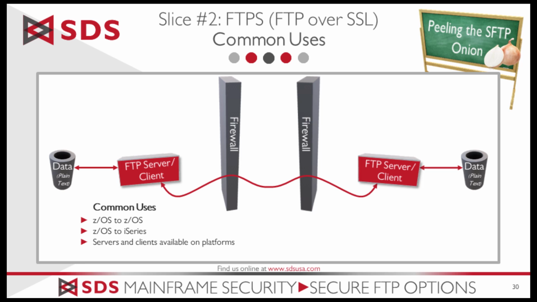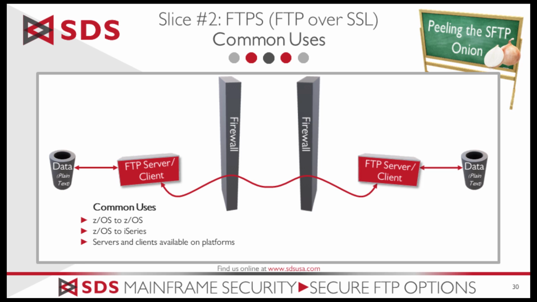FTP over SSL is a great candidate for transfers between LPARs in a sysplex. Usually there isn't a firewall between them. The data could still be sniffed, however, even if it is over HiperSockets, but it's less likely. By using FTPS, you can protect yourself from sniffers. The i-series also is commonly loaded with an FTPS server and client, so that's another good possibility.